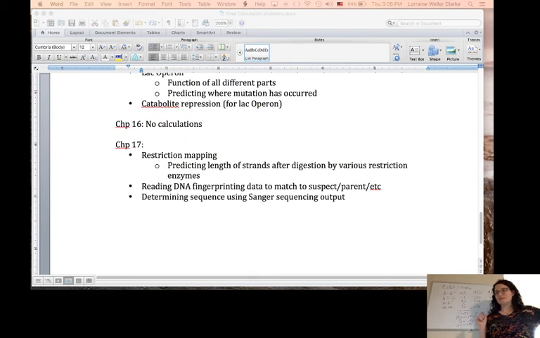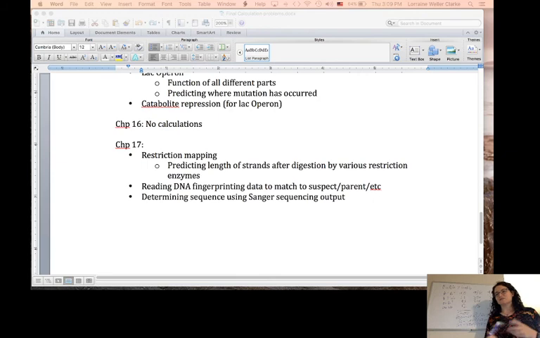Again, for chapter 17, the ones we most recently went over, the restriction mapping. The main thing with the restriction mapping is you'll have a map already, and you're going to have to identify which restriction enzymes worked on which ones, none of them, one of them, both of them, etc. Let's say I'm going to give you a picture or something.